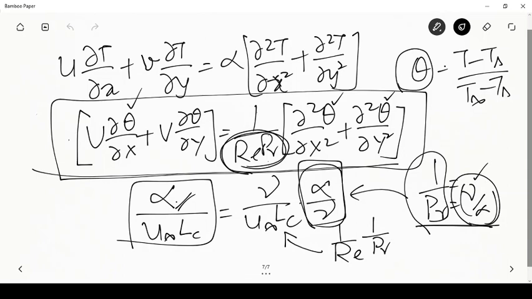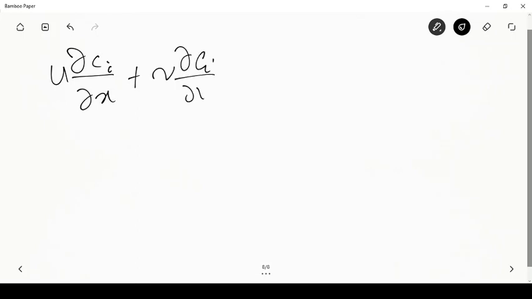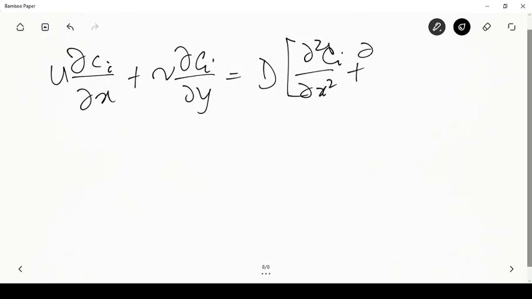In the same way, if I write it for concentrations, U del Ci by del X plus V del Ci by del Y is equal to D times del squared Ci by del X squared plus del squared Ci by del Y squared.